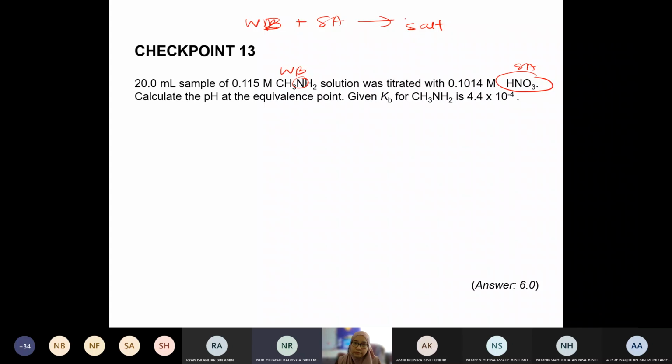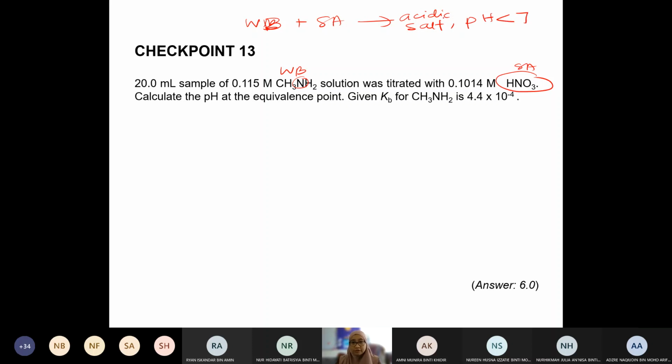Acidic. All right, thank you. It will produce a salt that is acidic. When we have this acidic salt, based on our prediction, that means the pH should be less than 7.